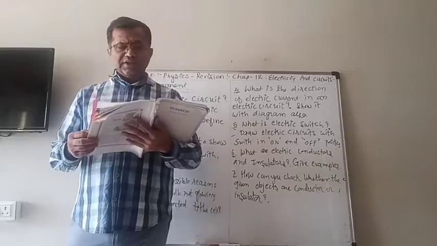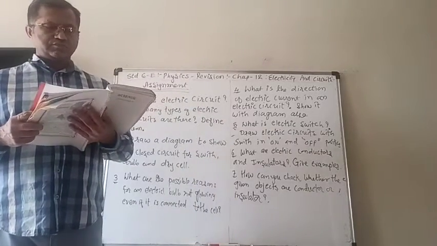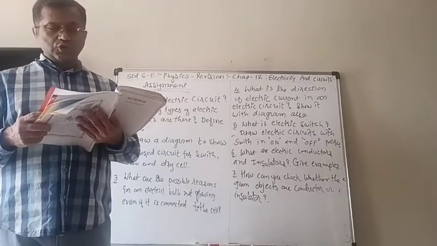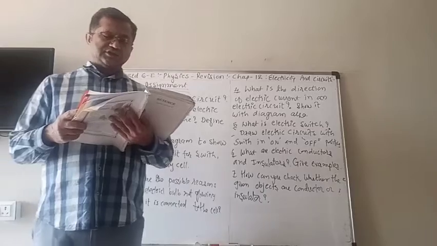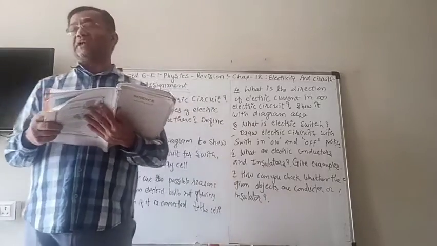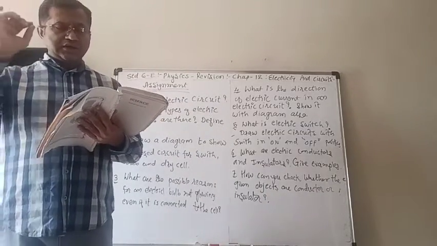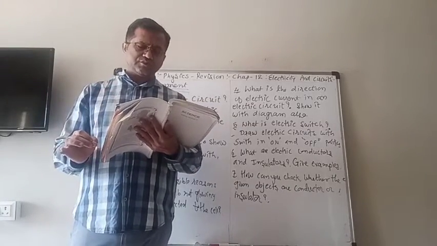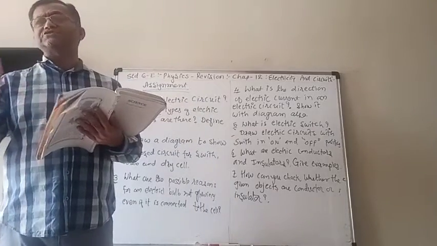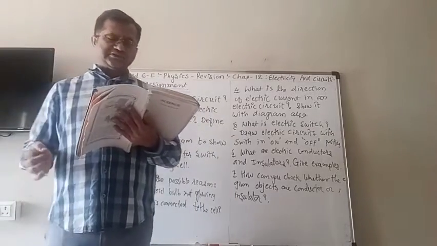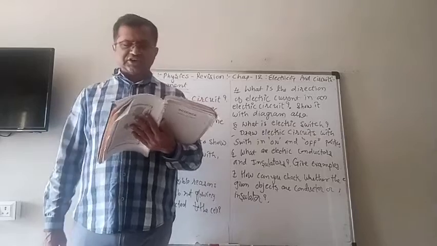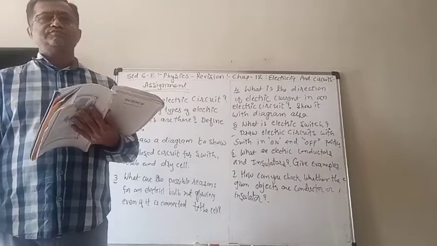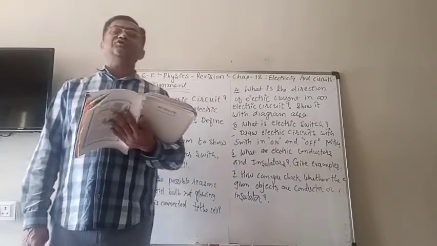So the electric circuit provides a complete path for electricity to pass between the two terminals of the electric cell. If the circuit is properly joined, then the current will pass.